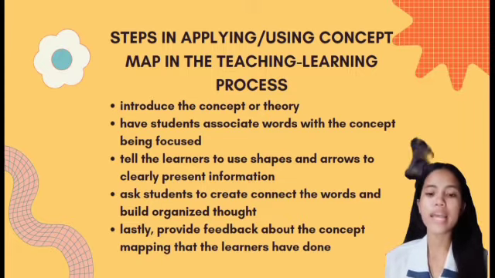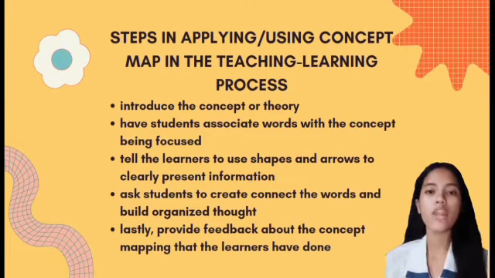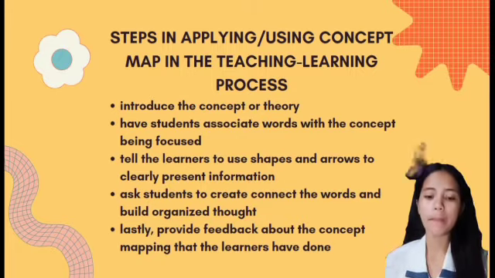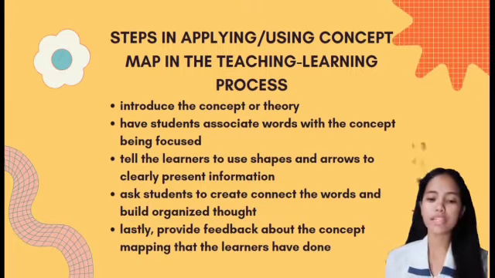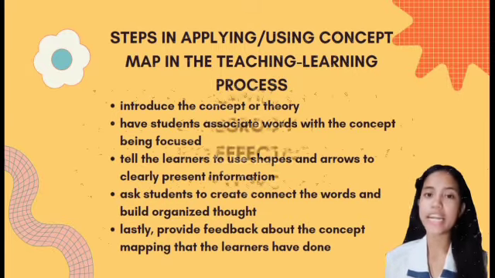Fourth, teachers ask students to connect the words and build an organized thought. This is the time where students are asked to create a definition or a statement about the big concept. And lastly, the teacher provides feedback about the concept map that the learners have created.